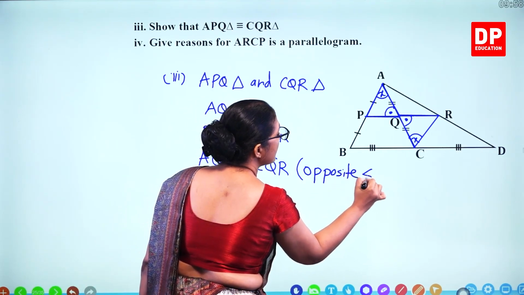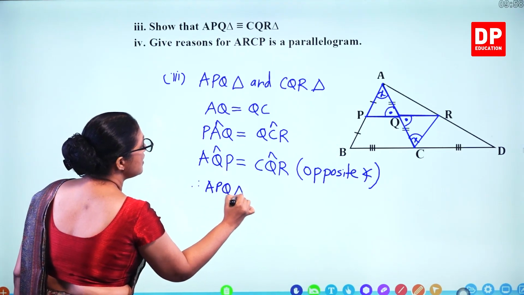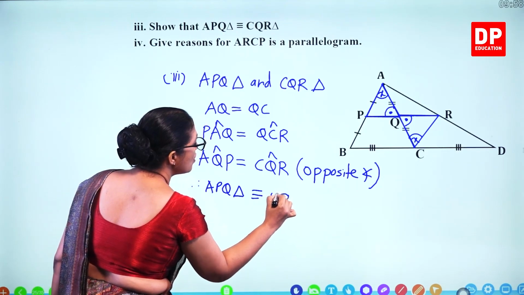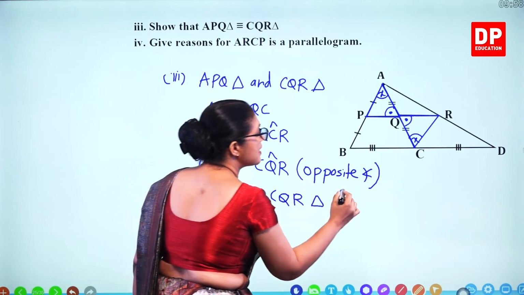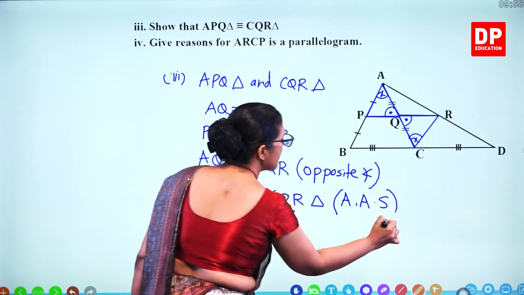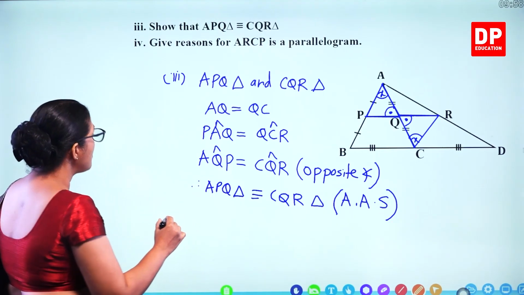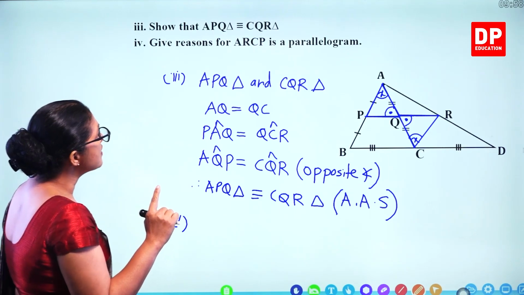So we can say APQ triangle is congruent to CQR triangle. What's the case? Angle, side. That's the congruency. And then give reasons for ARCP.